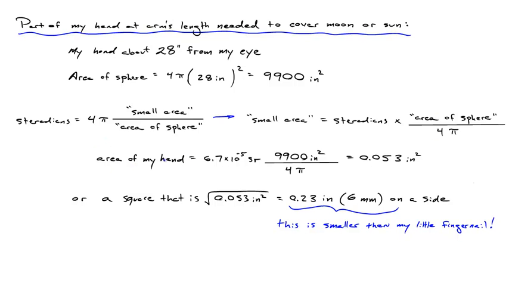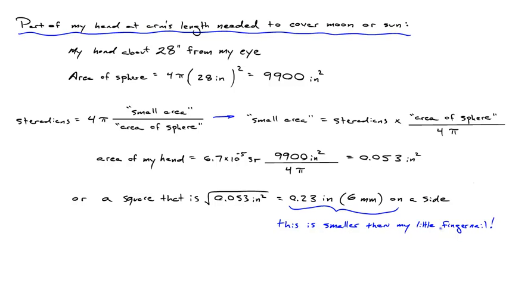So the area of my hand needed to cover the Sun is 6.7 times 10 to the minus 5th times the area of the sphere swept out by my hand divided by 4 pi. And I come up with an area of about 0.05 square inches. That's equivalent to a square that, if we take the square root, is smaller than a quarter inch on a side, or smaller than 6 millimeters on a side.